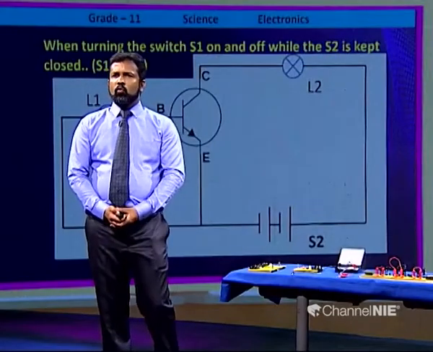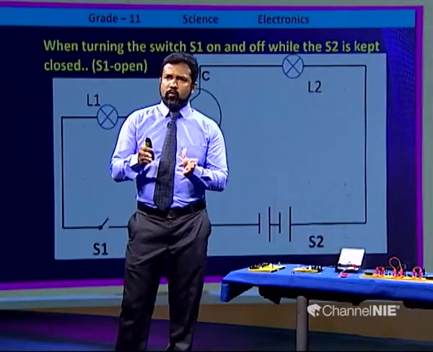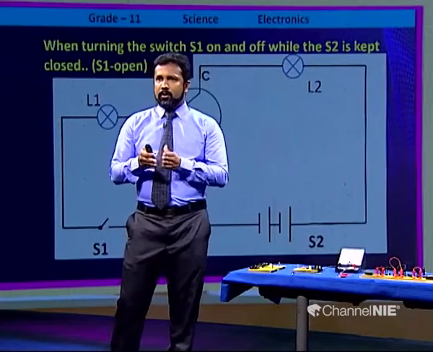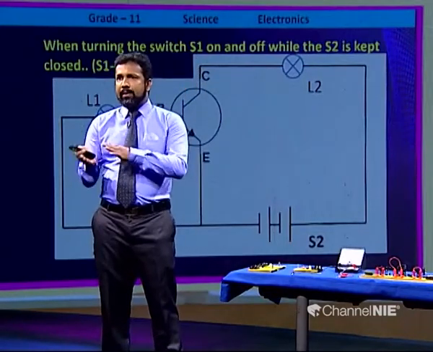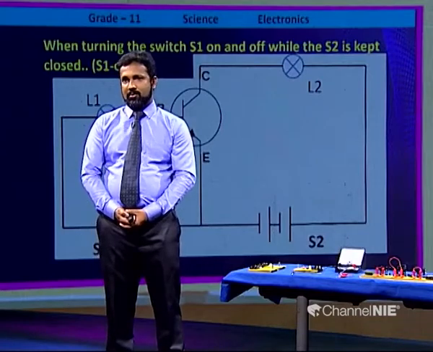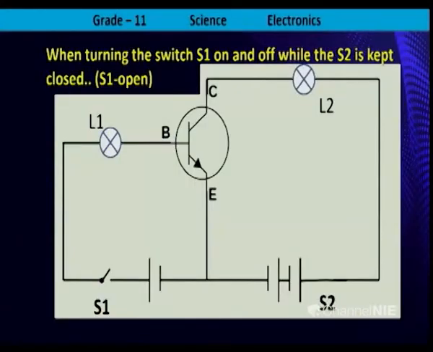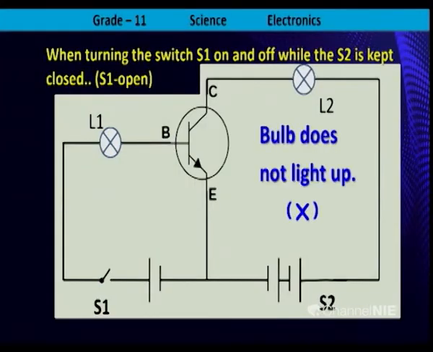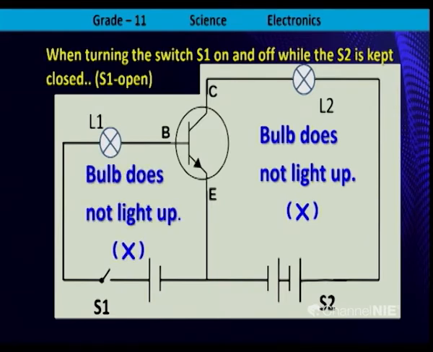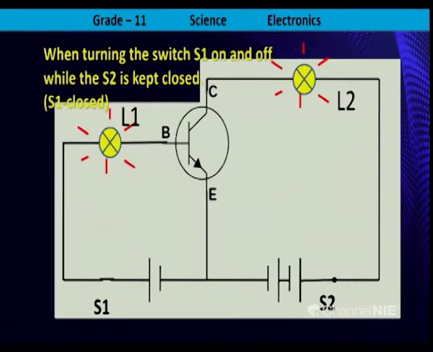Right. When turning the switch S1 on and off while the S2 is kept closed, we are going to do another activity. Right. Then what happens? When keeping the S1 switch open and S2 switch closed, in that instance also the L2 bulb does not light up, and the L1 bulb also does not light up.